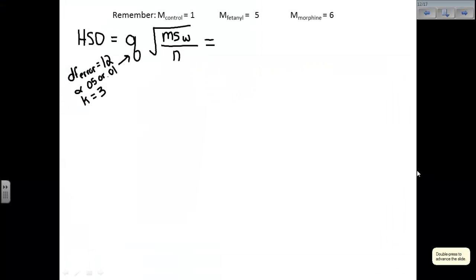Okay, so for an alpha level of 0.05, we have HSD is equal to, remember, Q for an alpha level of 0.05 was equal to 3.77.